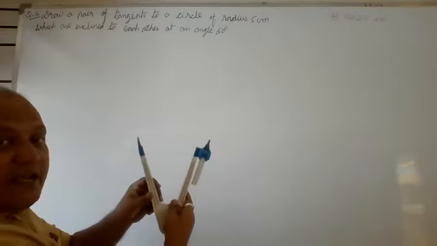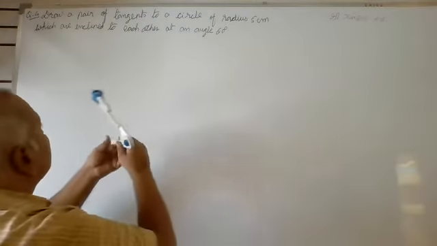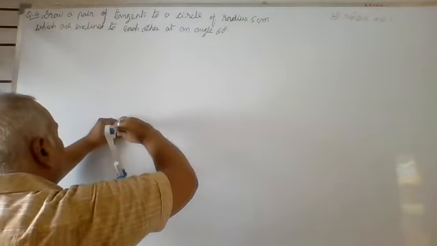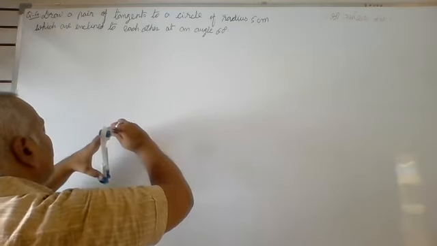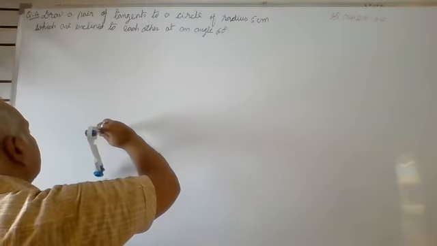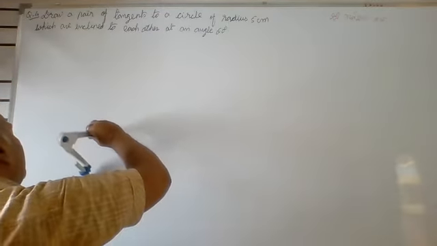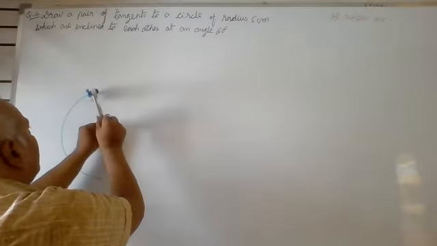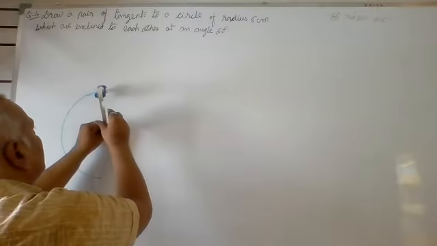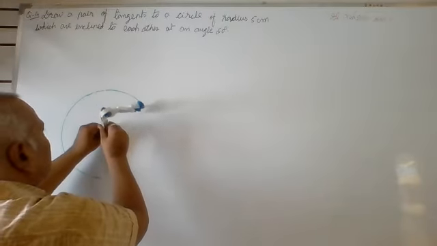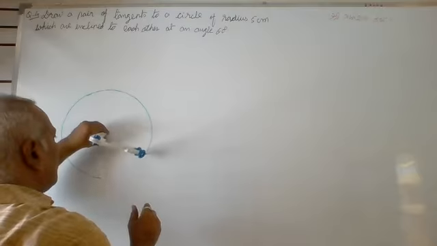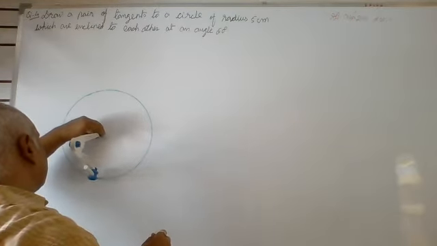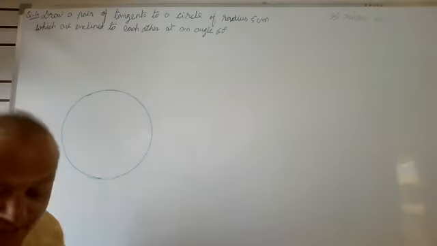So I have drawn a circle with 5 centimeter radius. Then we have to draw the tangents according to the given instruction. Friends, you can see it is the circle with radius 5 centimeter.